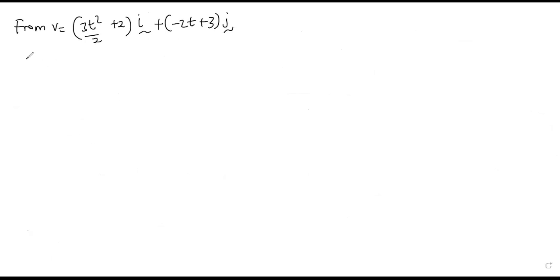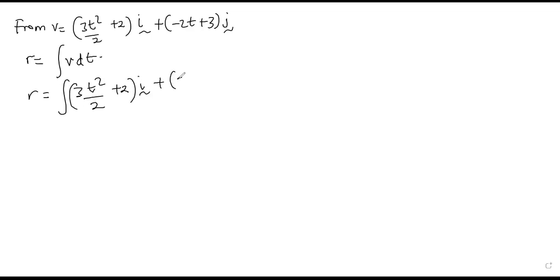So we know that our displacement will be equal to the integral of v dt. So it is going to be equal to the integral of velocity, (3t squared over 2 plus 2) i plus (negative 2t plus 3) j, and of course we are integrating everything with respect to t.